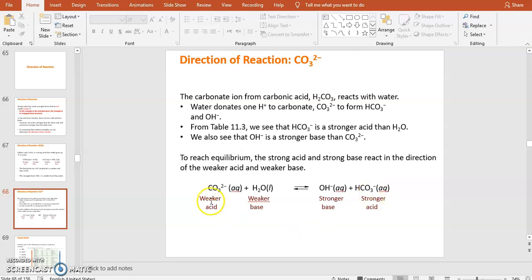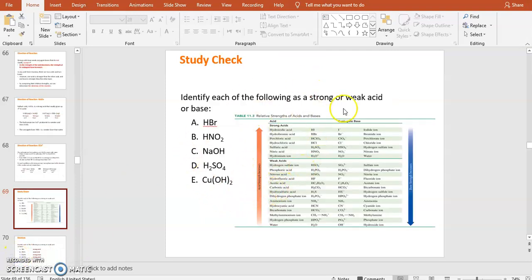It's stronger than this because it has more hydrogen here, and here we have a stronger base. As you can see, this table can tell you if the acid is stronger or the base is stronger depending on the arrow. You look at the arrows and determine if it's a strong acid, strong base, weak acid, or weak base.